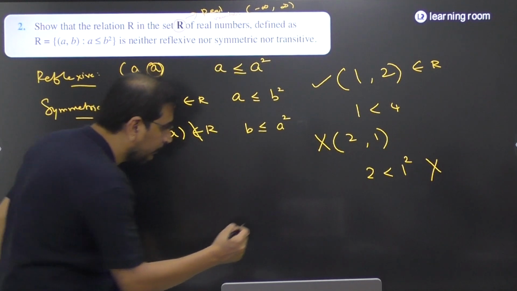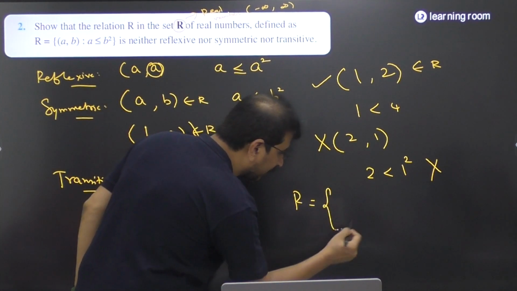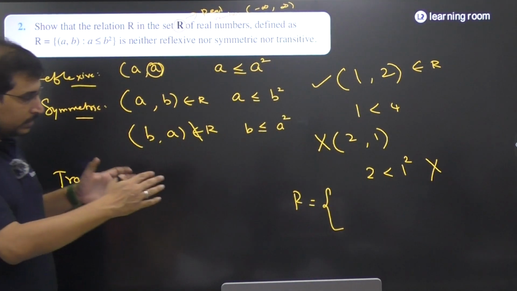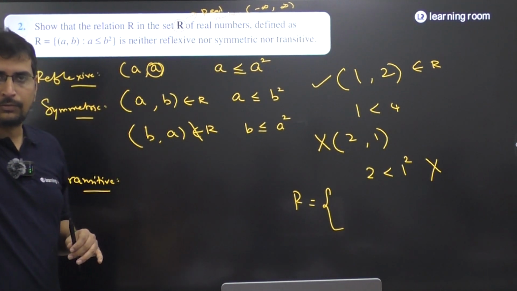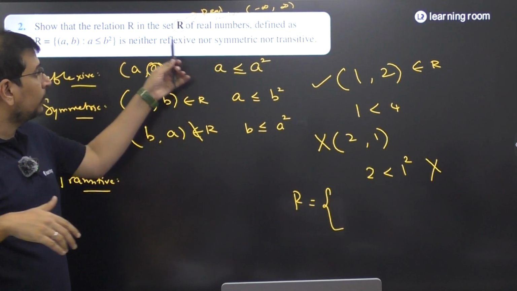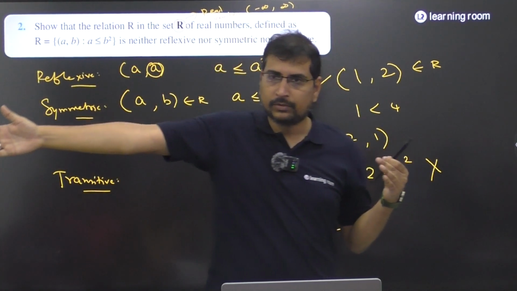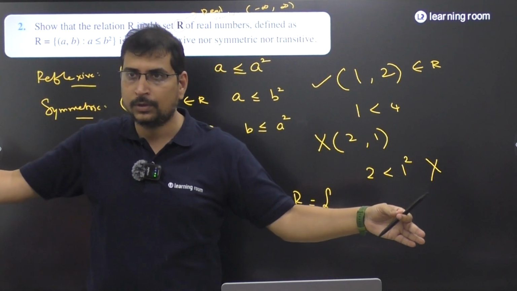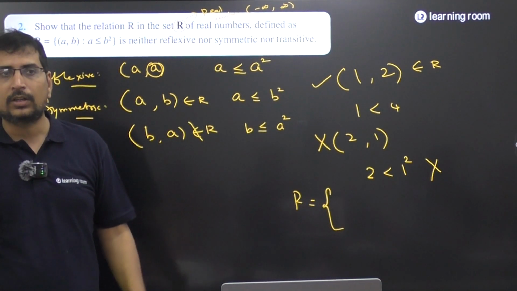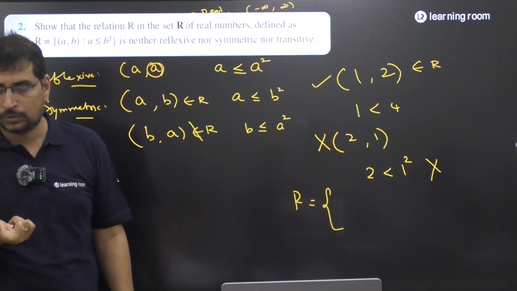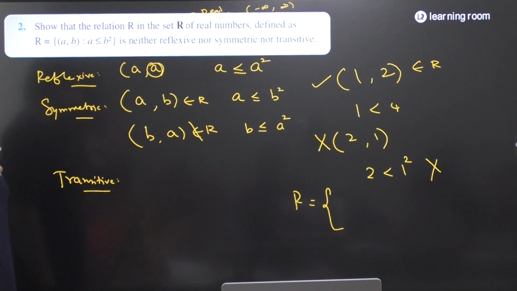So when you write the relation, first I told you always start from where? A cross A. So A cross A, how many elements will be there? Real numbers, minus infinity to infinity, you will have an infinite set of such ordered pairs. Out of which, what are the only ordered pairs that you are allowed to choose? You choose only those ordered pairs which satisfy this condition.